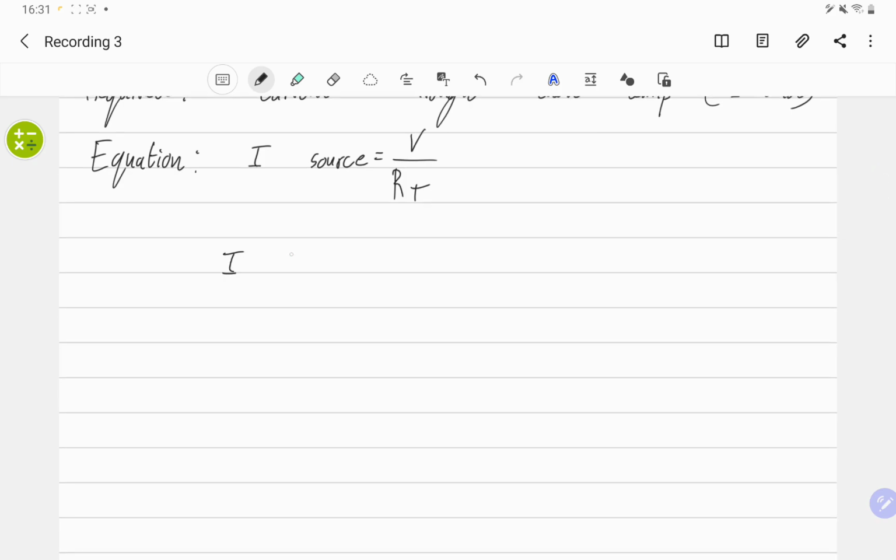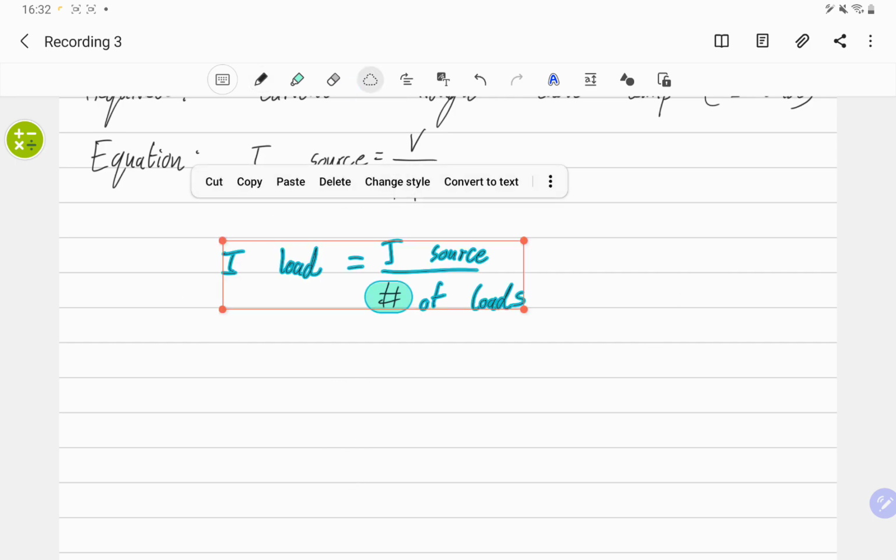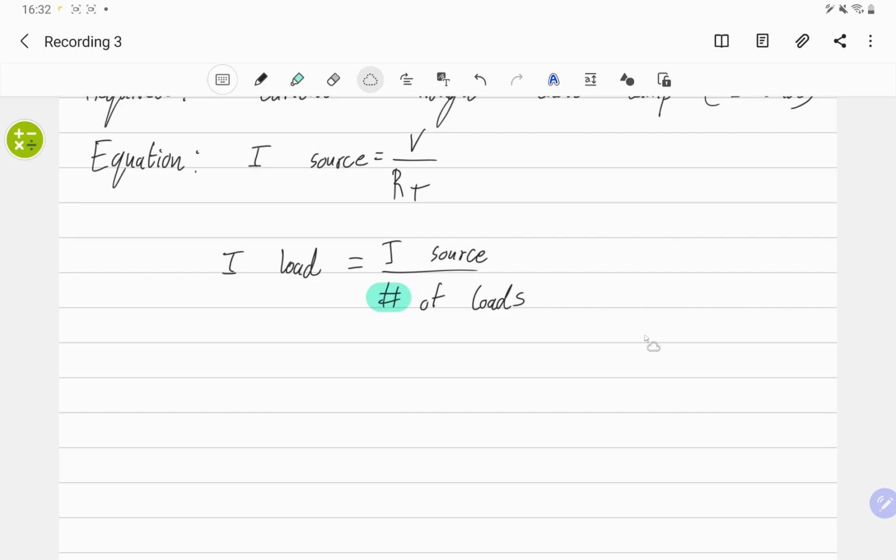And the second equation is I load equals I source divided by the number of loads. This hashtag here stands for number, so number of loads. The I load is to calculate the current through each identical load. We're going to use this equation to solve and calculate the current through each identical load.